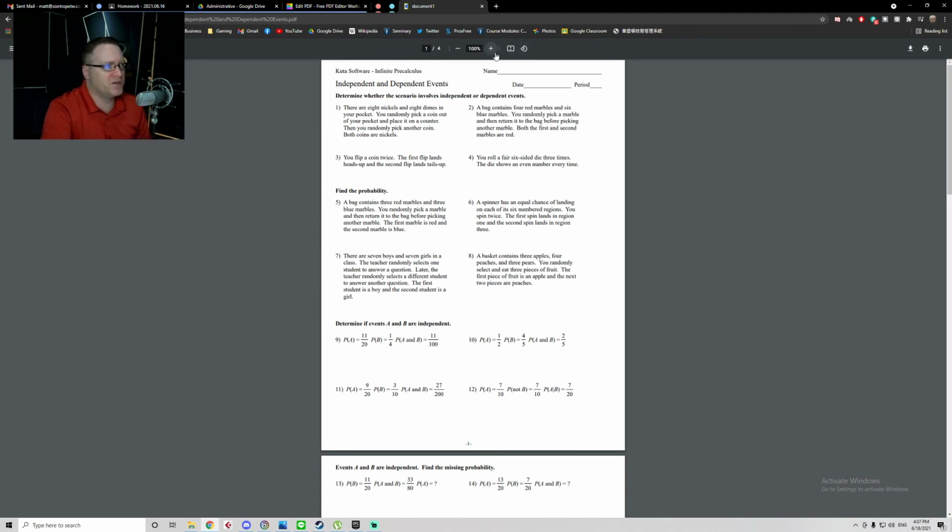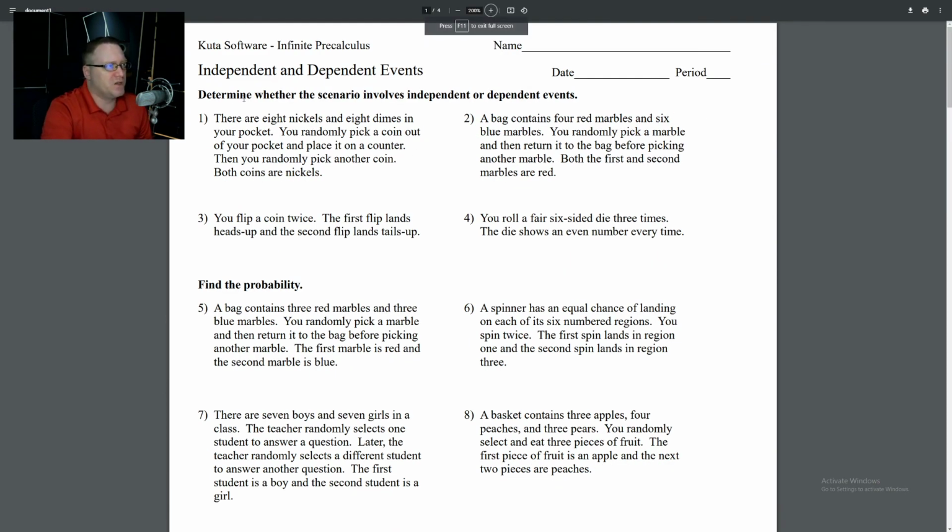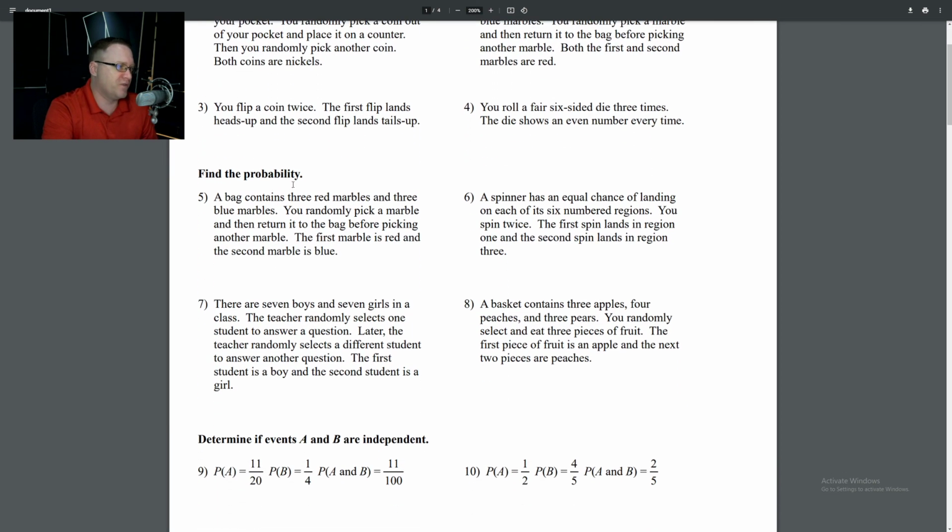All right, so I wanted to real quick show you what it looks like. All right, so here, the first few problems, number 1, 2, 3, 4, you just need to say, is it independent or dependent events? Then for number 5, 6, 7, and 8, it's a word problem, and you need to find the probability.